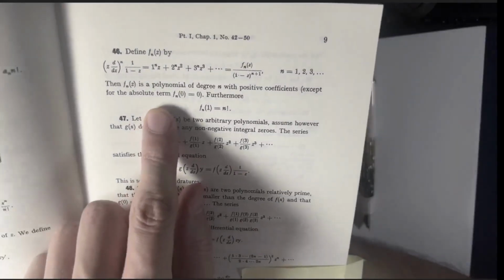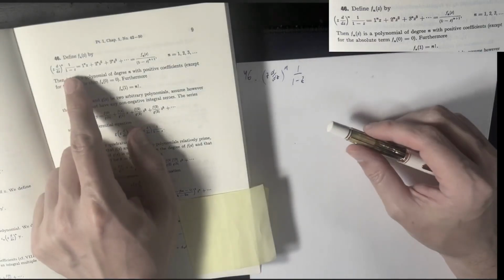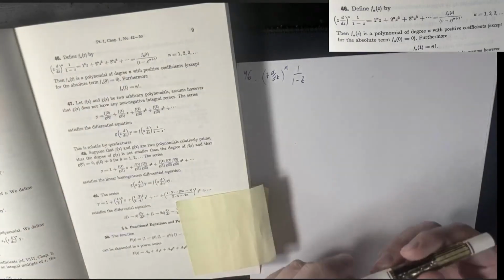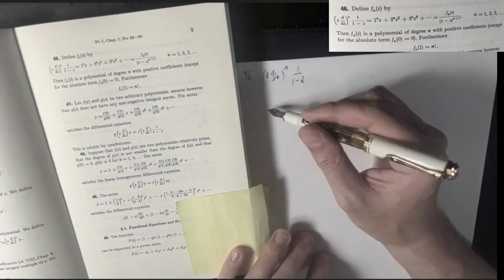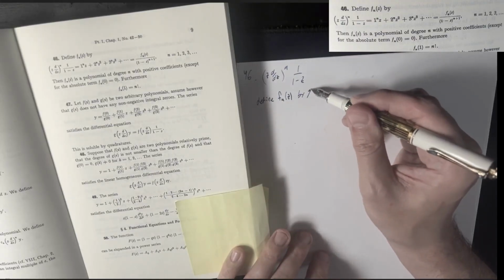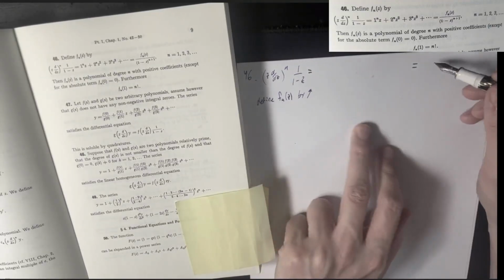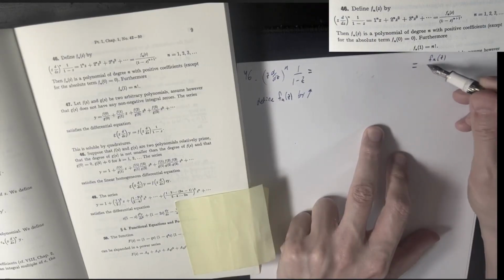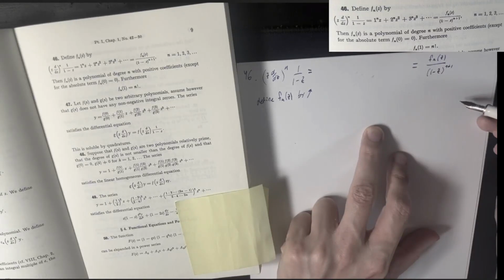Oh, sorry, here's the question. 46 is what I'm looking at. So anyway, define f_n z by the previous, so when you write this out, leave some space for this mess in the middle, but he's defining it as a polynomial of degree n with positive coefficients.